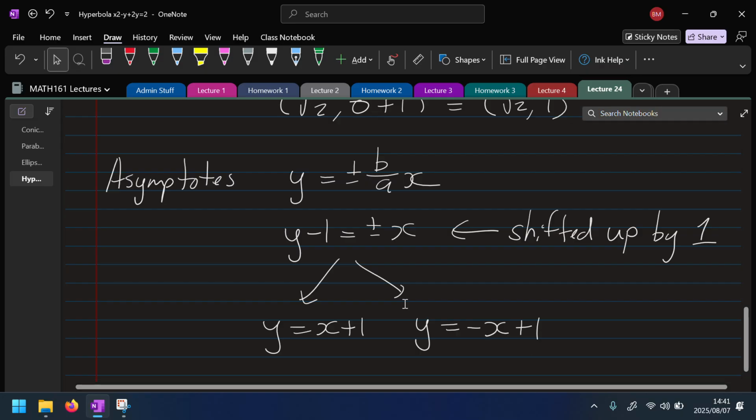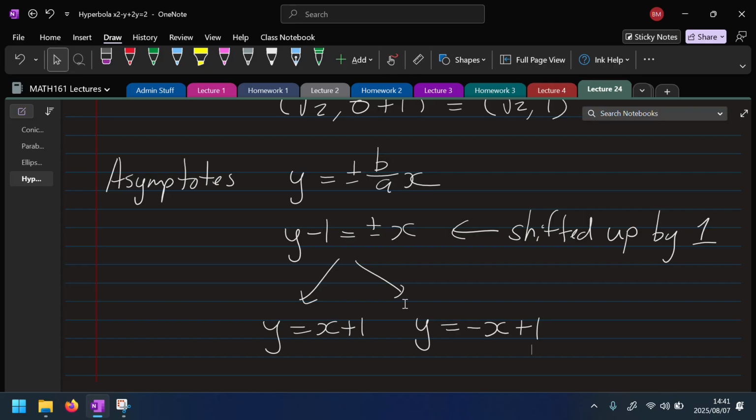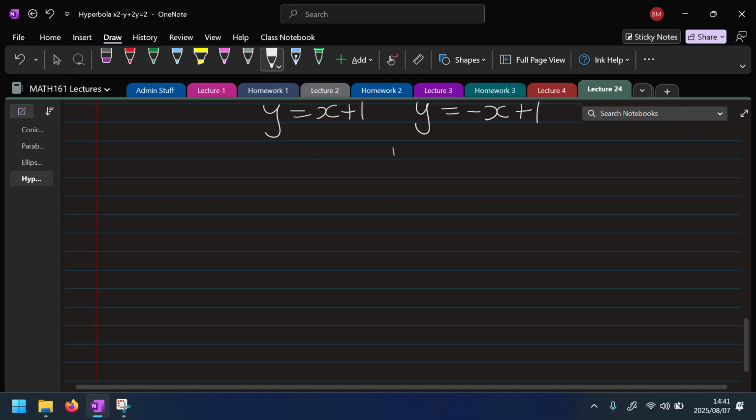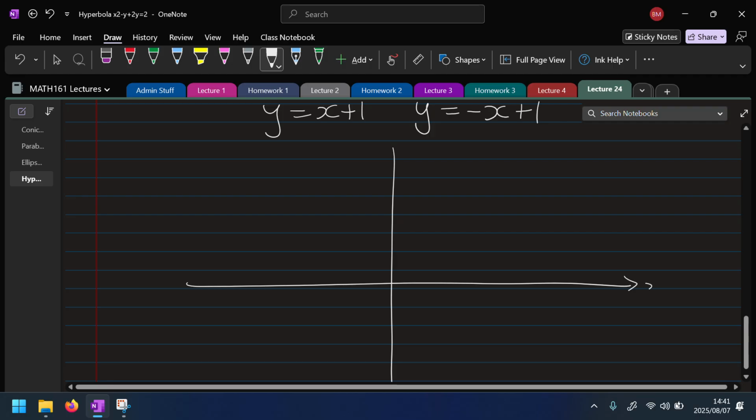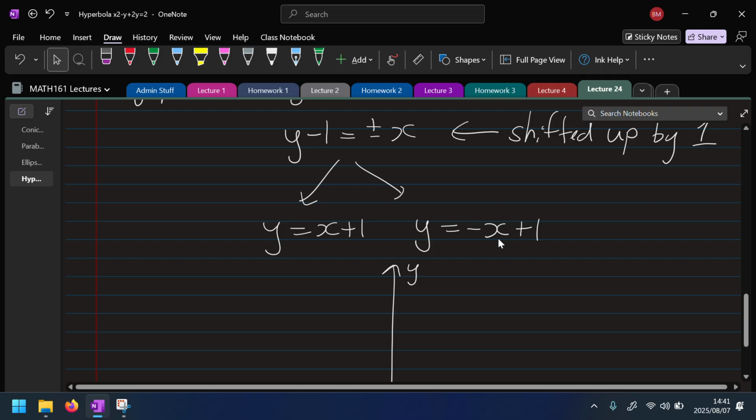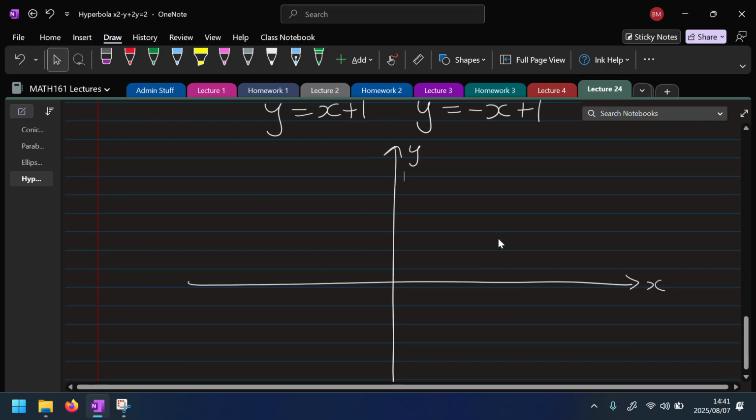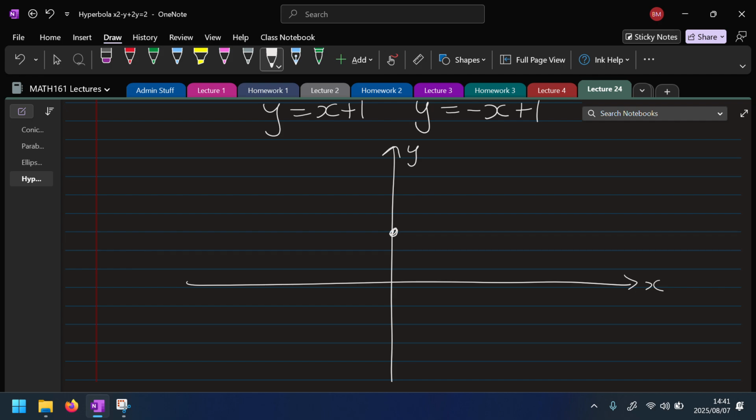Okay, and finally, we can put everything together to sketch this. So x plus 1 and minus x plus 1, they're going to intersect at 0, 1. So that's going to be somewhere over there. Let's put in the asymptote lines.